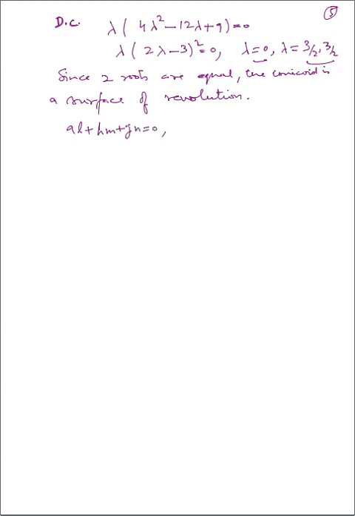Second, HL plus BM plus FN upon M is equal to 0. So this becomes 0. And third, GL plus FM plus CN upon N into lambda, so that also is 0. So these are the equations for DCs.